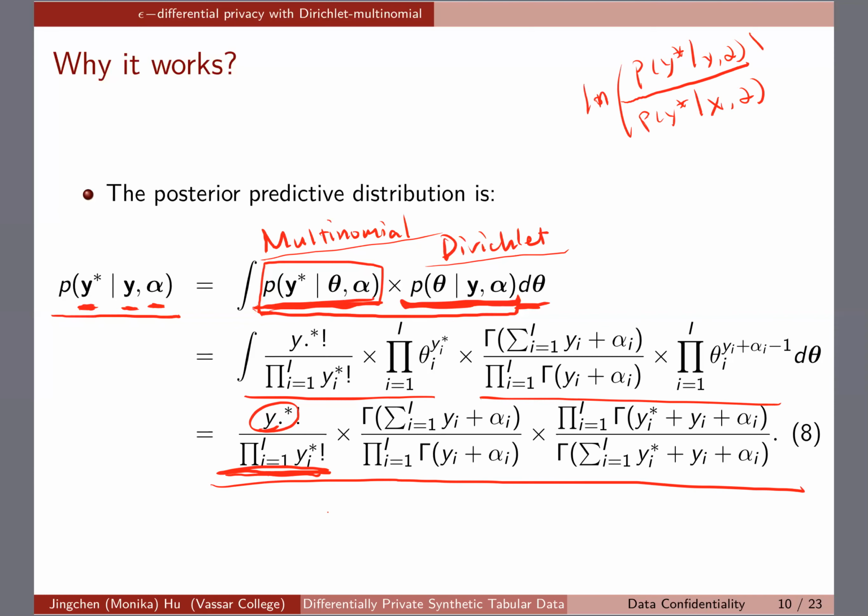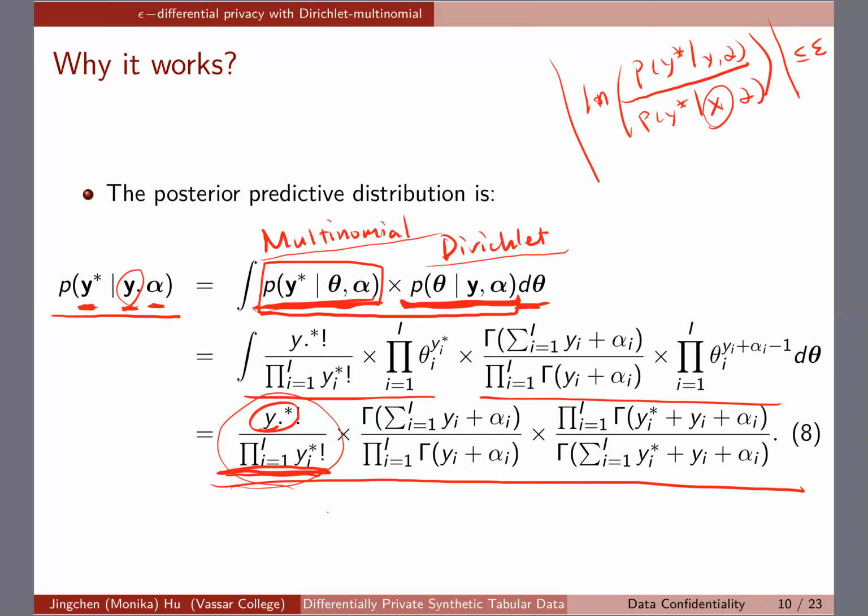We want to bound this above by epsilon, right? So we express one of these given y, the vector. Then of course we can do the same for given x. And then we take the ratio and cancel certain terms. Those terms, as you can imagine, are going to be canceled because it's the same y star.